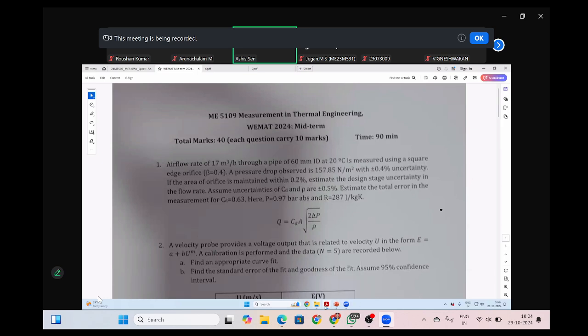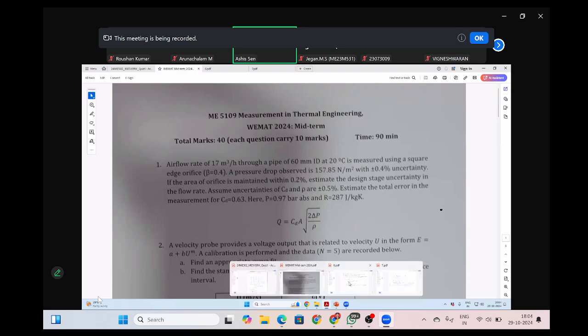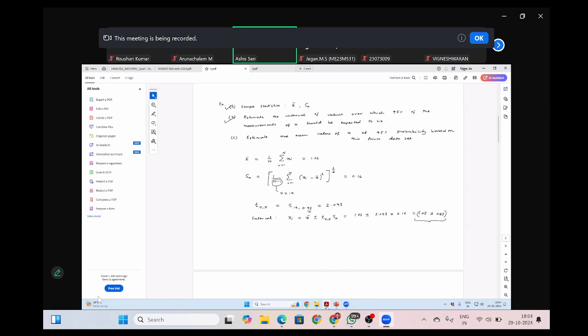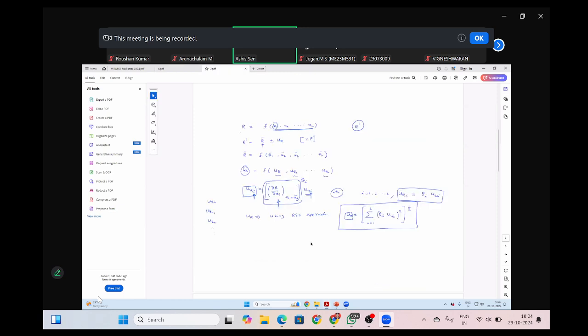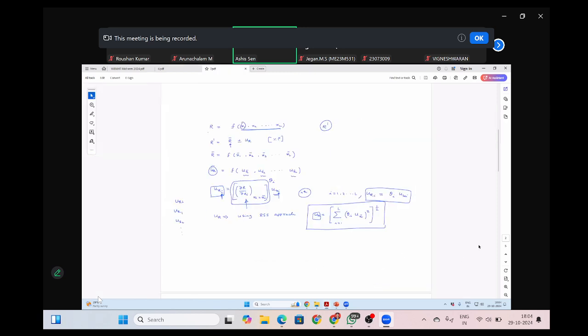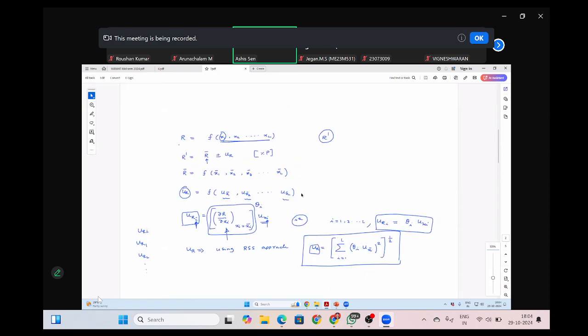Okay, let me show you the fundamentals, what we studied in the class. This is the one, yeah. So this is what we had discussed when we discussed theory. We said that if R is a function of many different variables, right? And the uncertainty in R is going to be a function of uncertainties in each of these variables, right?